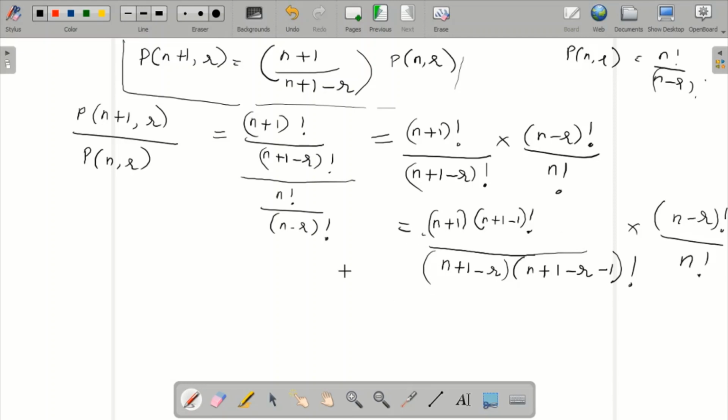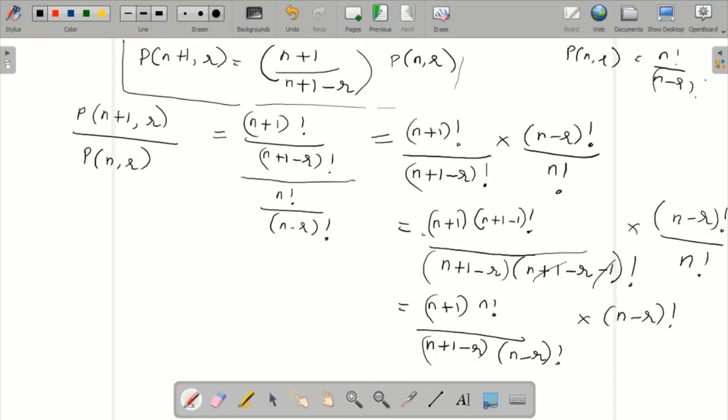Over here, (n+1) into (n+1-1) is nothing but n factorial, divided by (n+1-r). The n+1 and minus 1 get cancelled, so it is (n-r) factorial into (n-r) factorial divided by n factorial. The n and n cancel, and the (n-r) and (n-r) cancel. So we got (n+1) by (n+1-r).